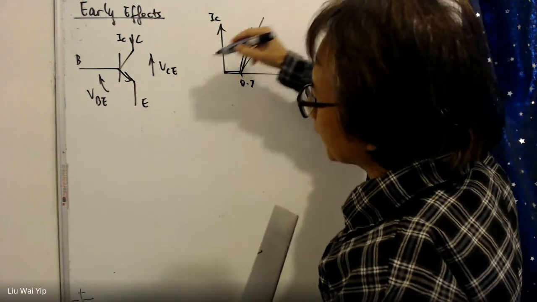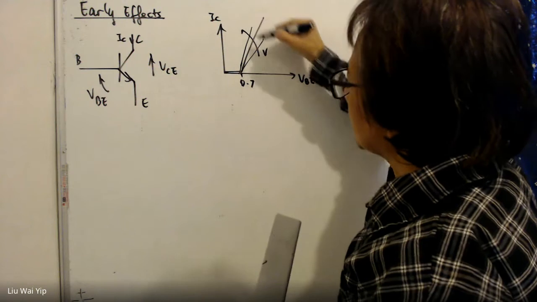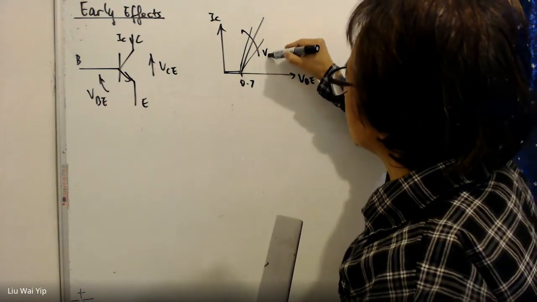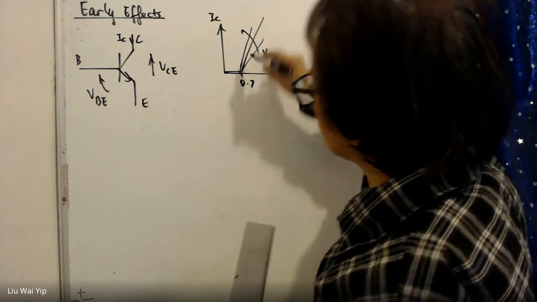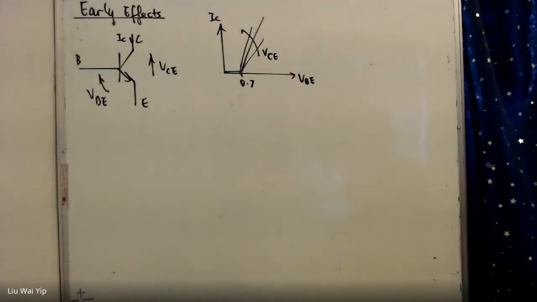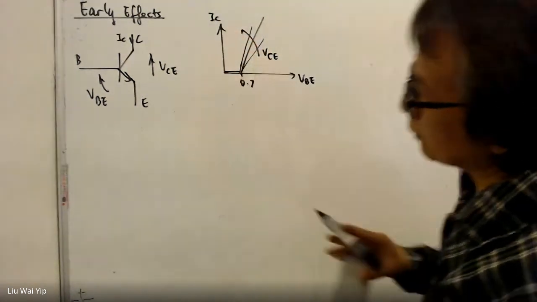So the higher the voltage VCE, the higher the collector current they will get for each VBE. There's not much you can do for this graph.